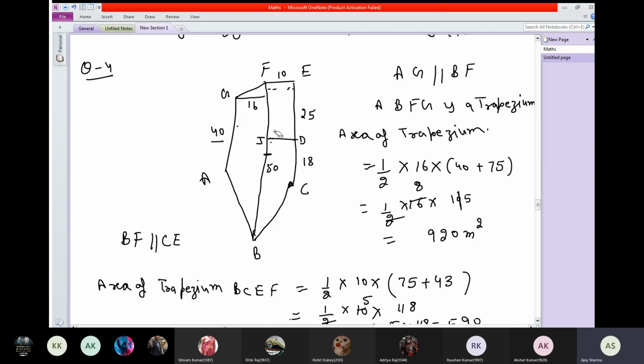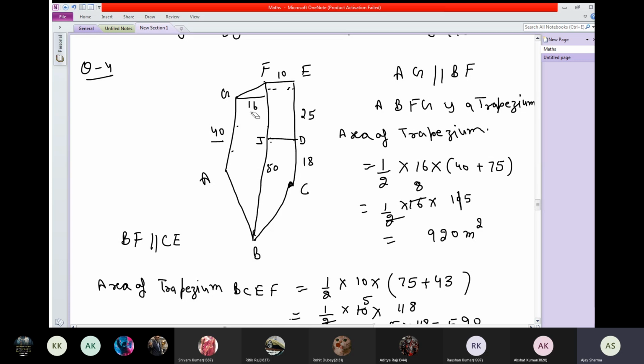Now in this figure, AG is parallel to BF. These two sides are parallel. Now find the distance between these two sides, and that is already given to you, 16 centimeter.